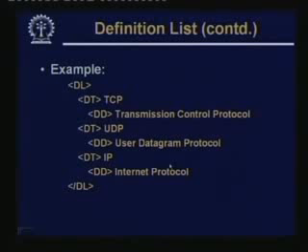So, in a definition list, the point to note is that the DT and the DD will always appear in pairs. There will be a number of DT DD pairs appearing one after the other. If there are n number of such DT and DD pairs, there will be n number of elements in the definition list. Now, let us take a complete example.